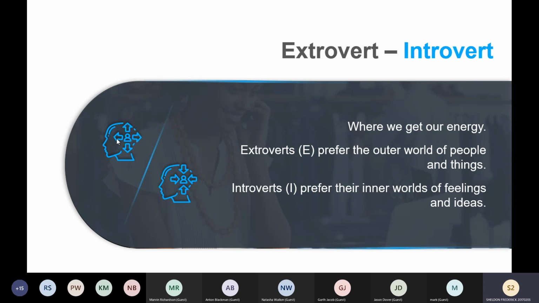On the other hand, people who are introverts are more oriented to their inner world of feelings and ideas. The introvert would prefer to think it through, and then reflect before forming and stating their opinions. They do their best work through internal reflection, and they gain energy by creating private space, even in a crowd.